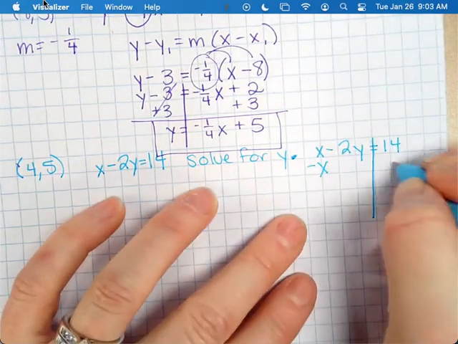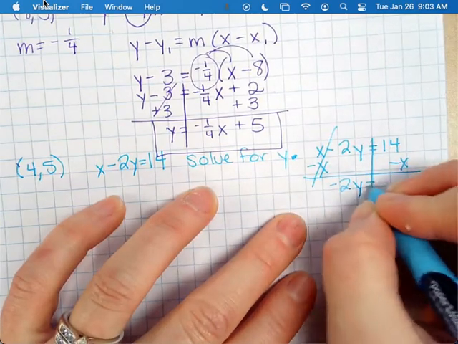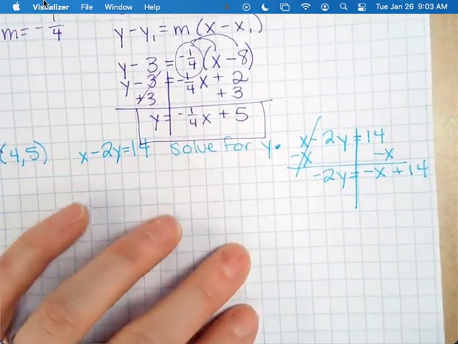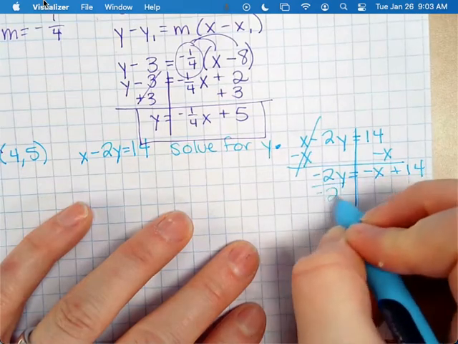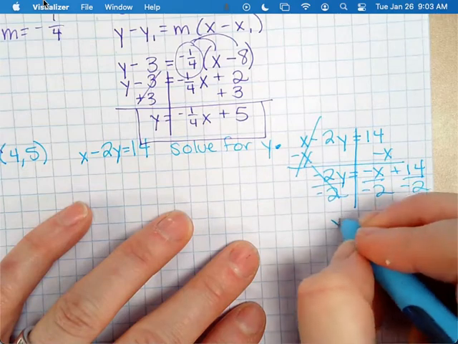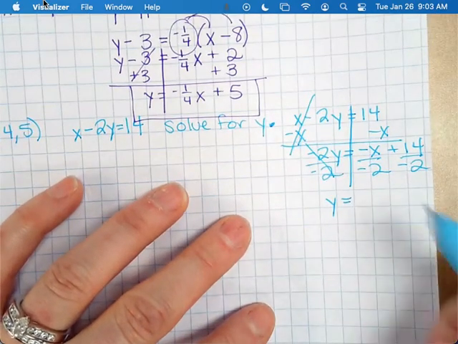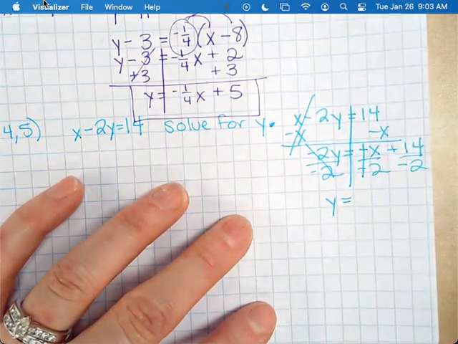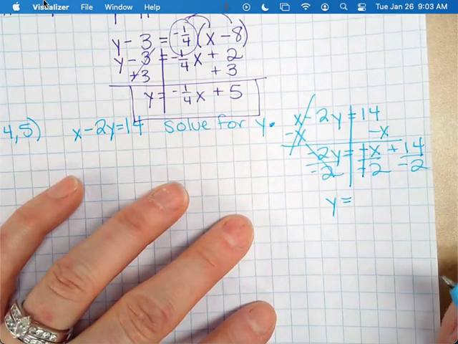So I'd subtract x from both sides. I get negative 2y equals negative x plus 14. Then I divide by negative 2 all the way through. Negative x over negative 2, the negatives cancel, and I have x over 2.